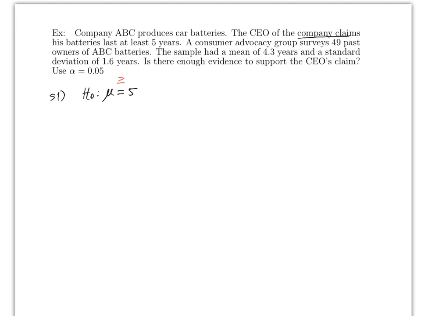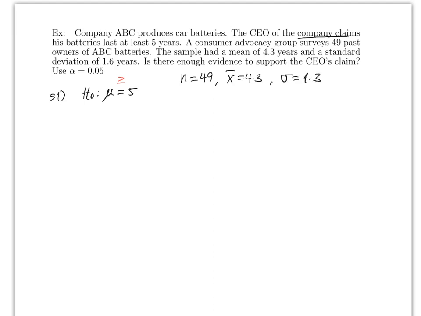Then they have a survey of 49 people, and that one has a mean of 4.3, which is less than what the person is claiming. And also think about this. If you buy a battery where they promise you they will last 5 years, and the battery lasts 10 years, are you going to complain? Probably not, okay? The standard deviation here, assuming that is known, is 1.3.